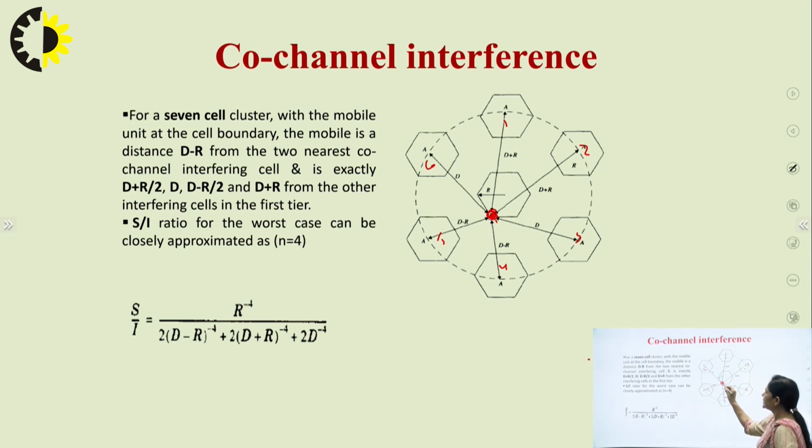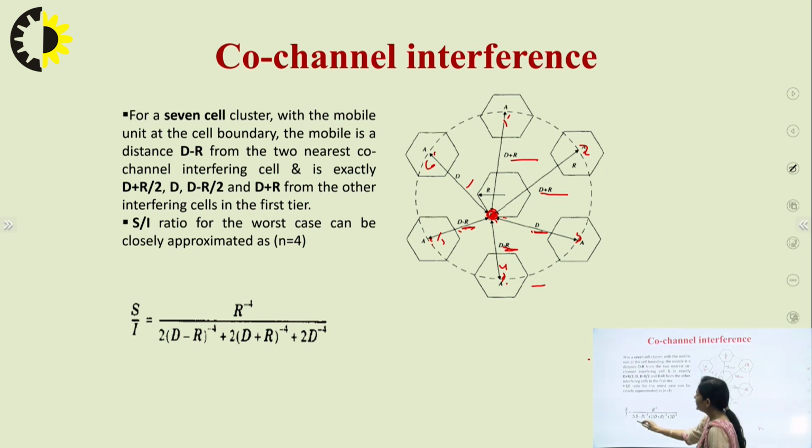Now this channel is getting interference from here, here, here, here, here, here. If you want to calculate the distance of these stations from the center one, the approximate distance is D minus R. Here also it is D minus R. The distance here is D. This is D plus R. This is also D plus R and this is D. So you have 2 Ds, 2 D minus Rs and 2 D plus Rs.